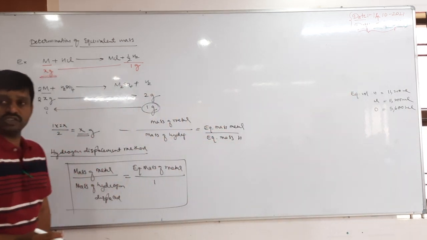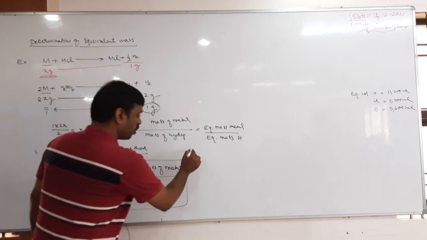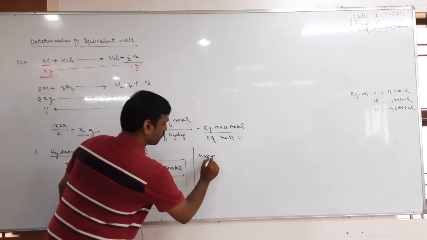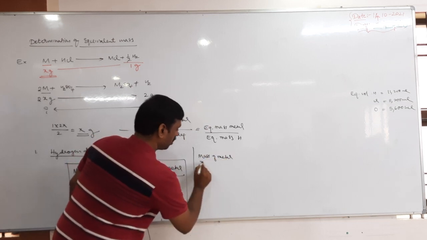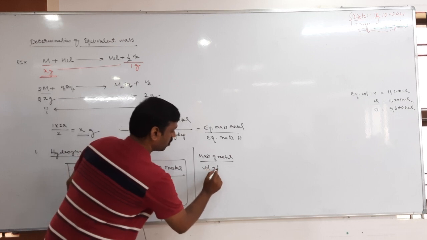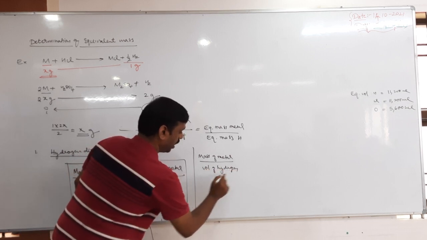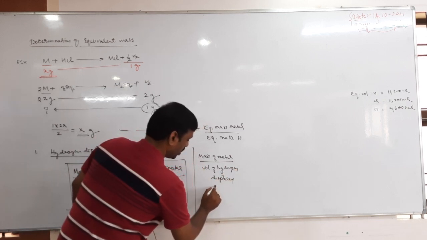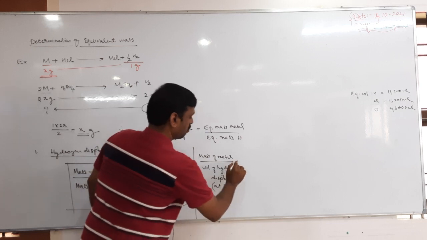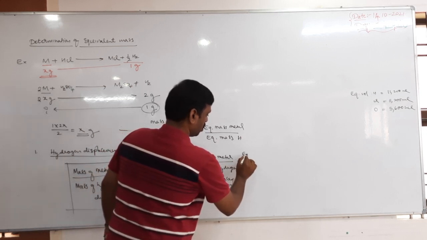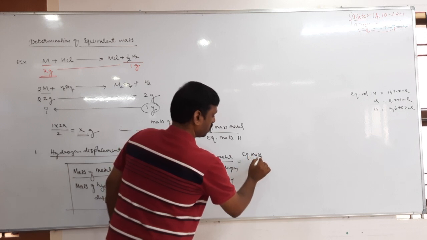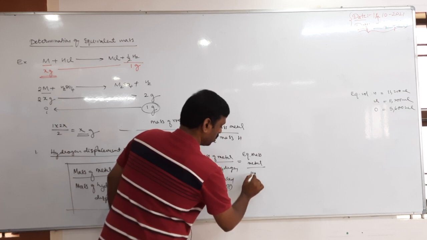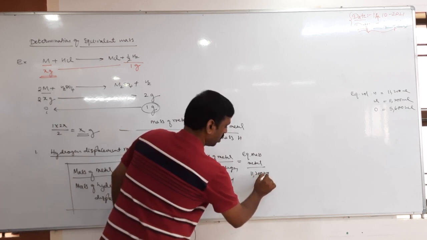These are the equivalent volumes of 3 elements. So if the equivalent volume is given, now tell me what is the formula? Mass of metal by volume of hydrogen displaced, it should be at STP, equals equivalent mass of metal by equivalent volume, which is 11,200 ml.